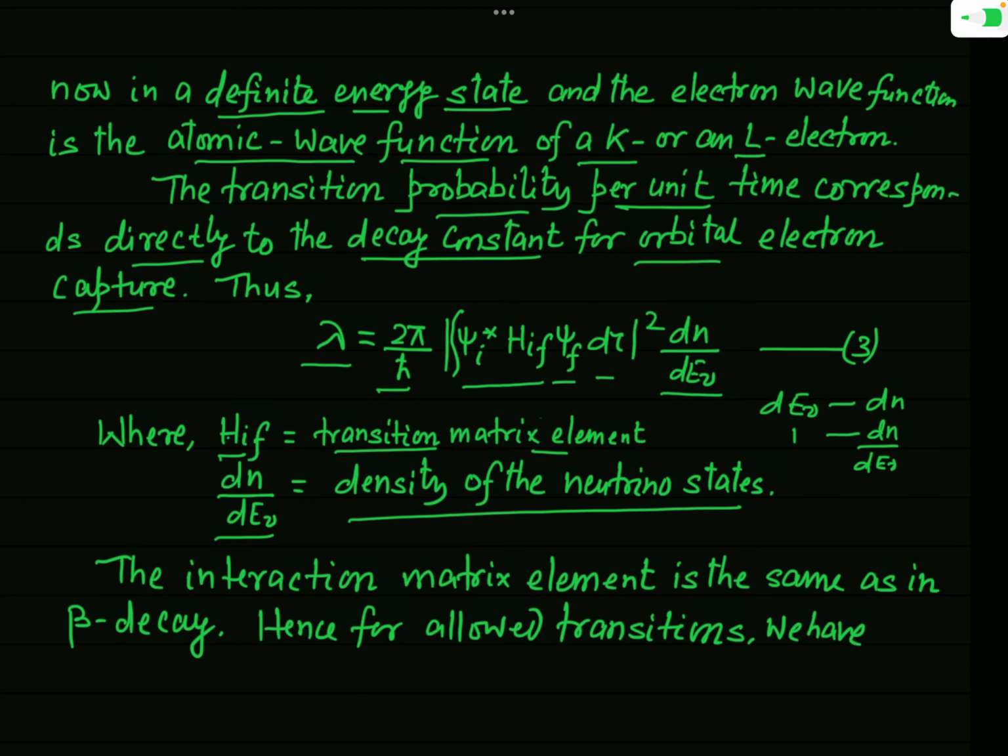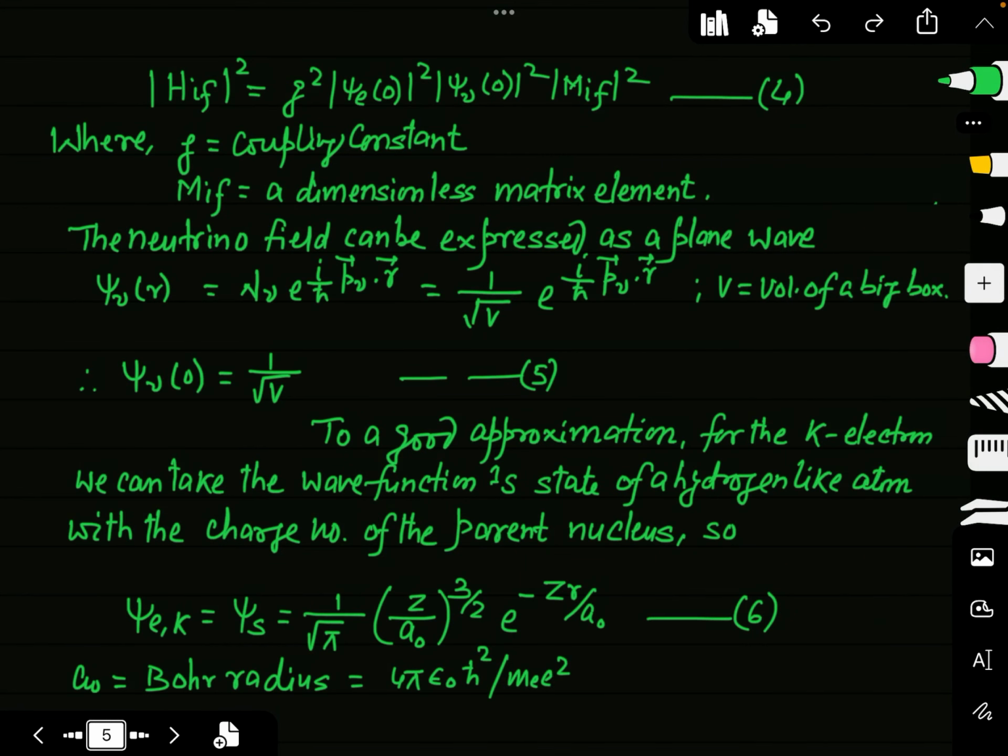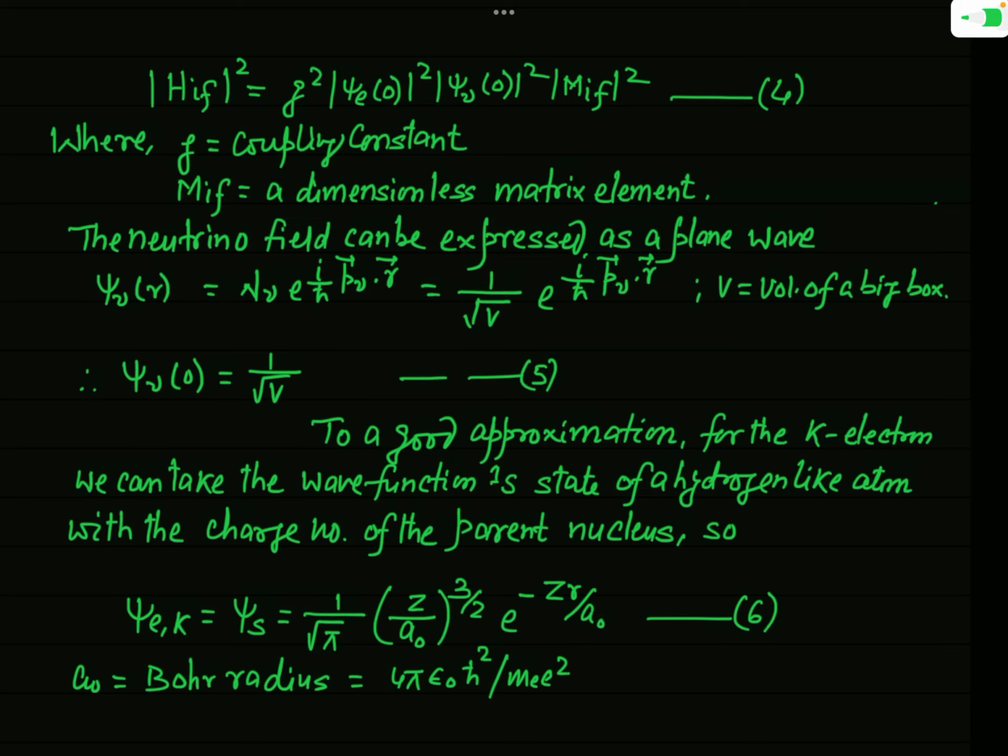Now this interaction matrix element, H_if, is exactly the same as in beta decay, and you have already obtained the value of H_if for an allowed transition in beta decay. So I will write here directly the expression which we derived in the previous lecture. If you have not watched the video on the beta decay process, you must watch it first to see how this expression has been obtained.